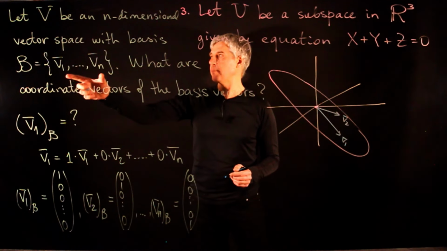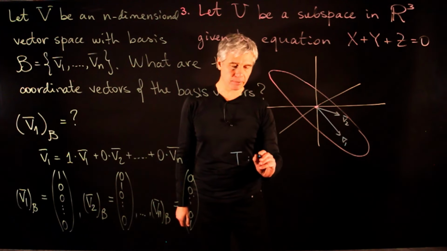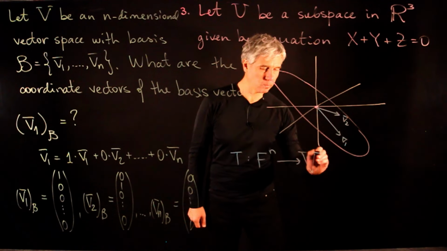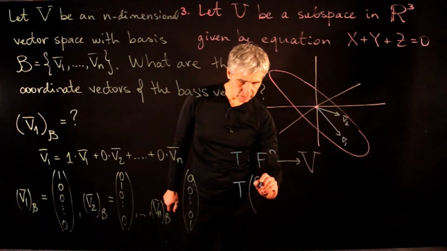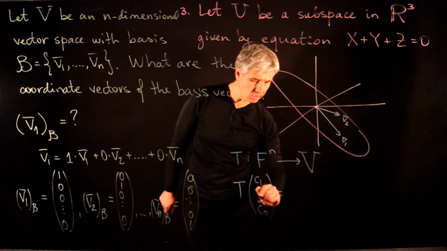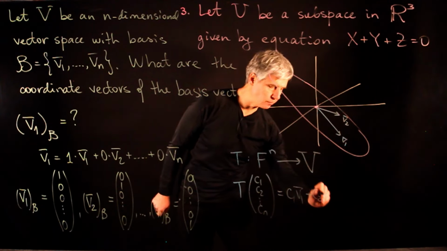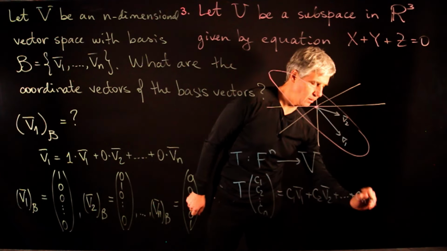By choosing a basis in the vector space, we construct an isomorphism from F^n to V. This isomorphism sends a column vector (C1, C2, ..., Cn) into a linear combination of basis vectors C1 V1 plus C2 V2 plus ... plus Cn Vn.